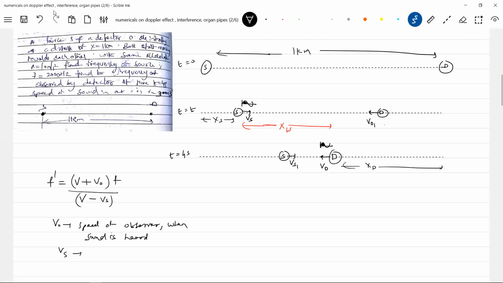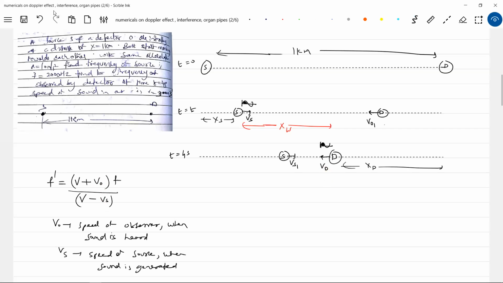Vs is the speed of the source when sound is generated. In Doppler effect, what are VO, Vs? Vs is the speed of the source when the signal is generated. VO is the speed of the detector when the signal is detected. Do we know these things?